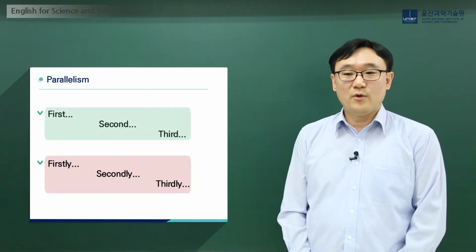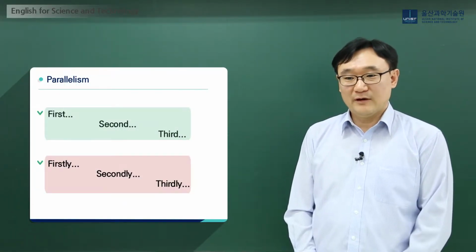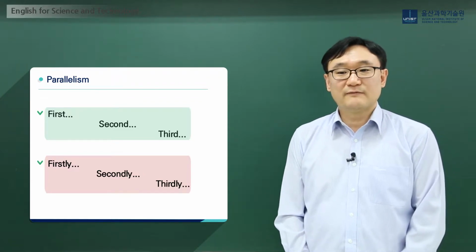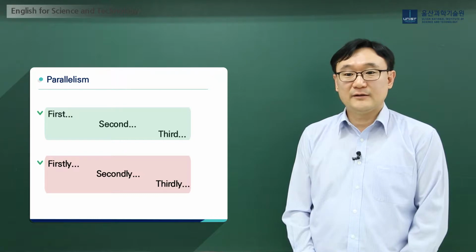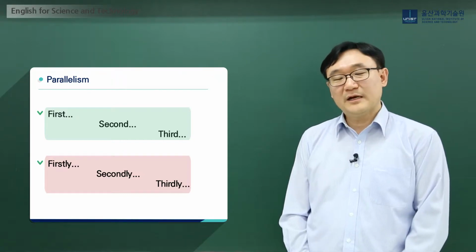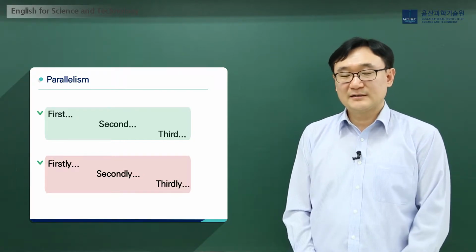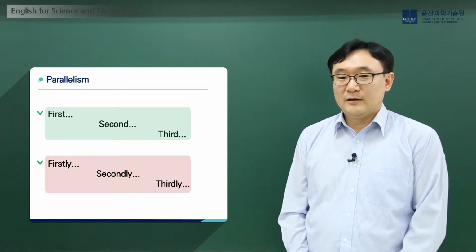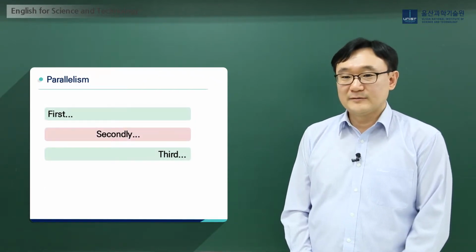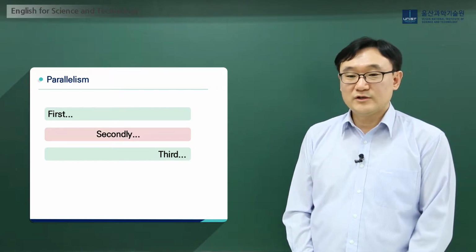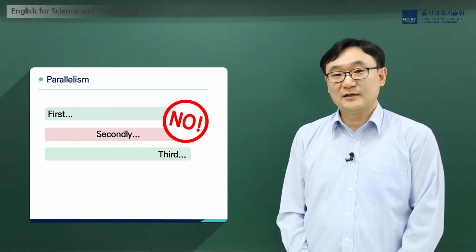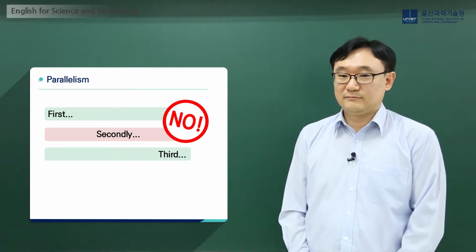When we list points or ideas in paragraphs or sentences, we use words like first, second, and third. Or sometimes we use firstly, secondly, thirdly. But as the parallelism defines, we should not mix like first, secondly, third.